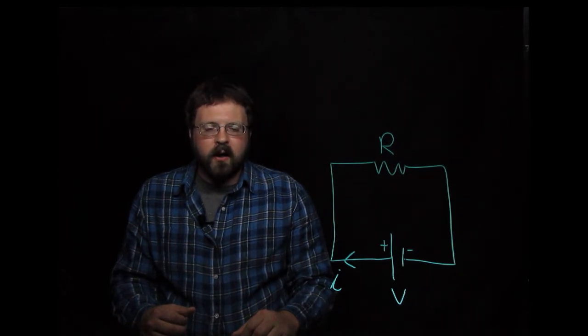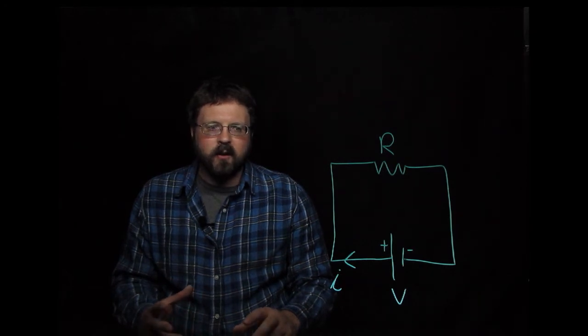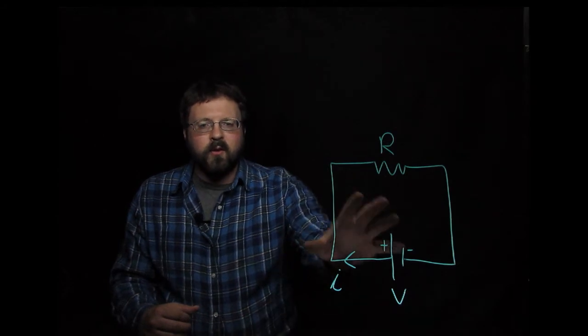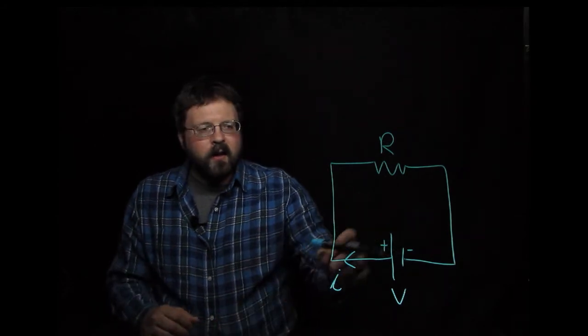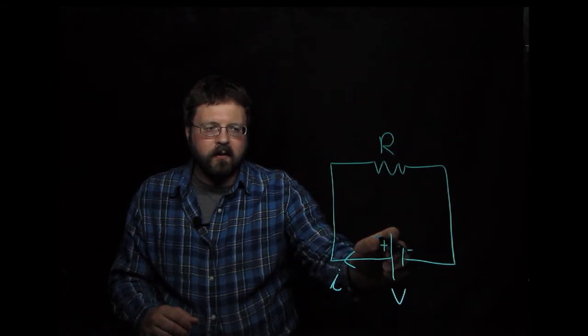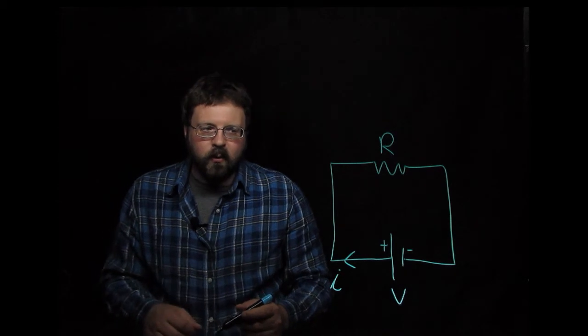And to start drawing that circuit, I'm going to also show you another point of notation. With this basic circuit, instead of having the negative at the negative terminal of the battery like this, I'm going to represent that as ground.